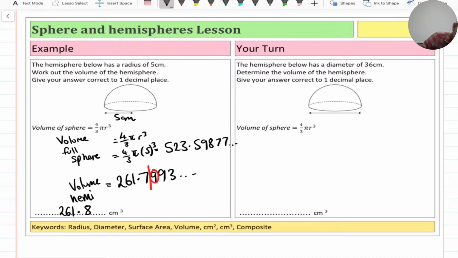So get that one down in your notes. That'll be example 2. And then once you've done that, have a go at the one on the right-hand side. Be careful with this one. There's just a little note here.